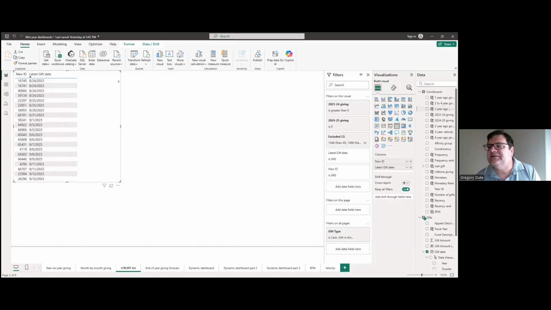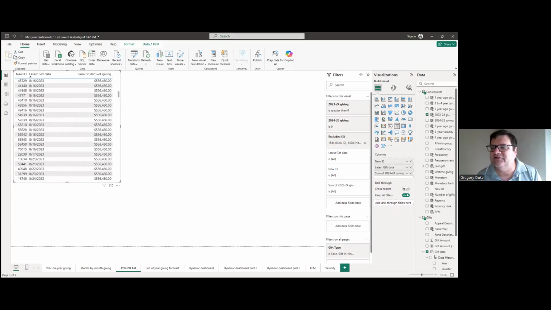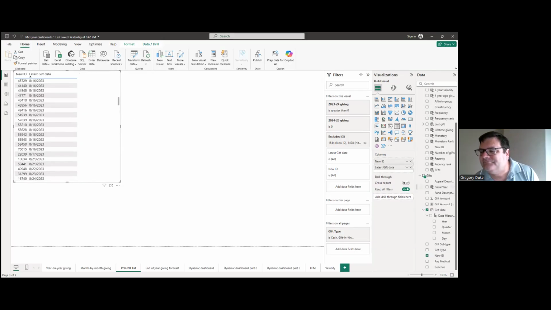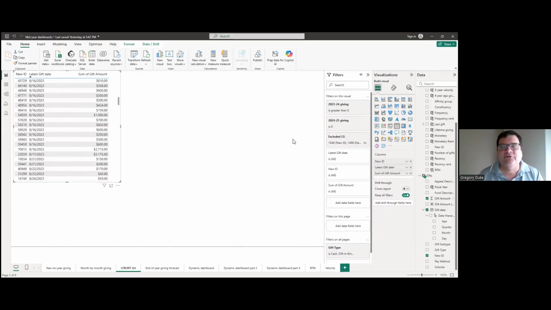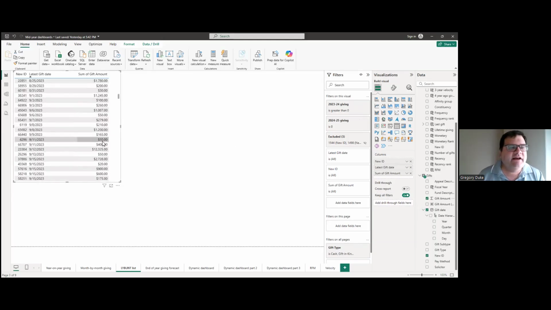And we can add a few things to this visualization to make things a bit more clear and give us more information. So let's add the gift amount from 2023. And we can see, okay, here are people who gave quite a bit in that year.